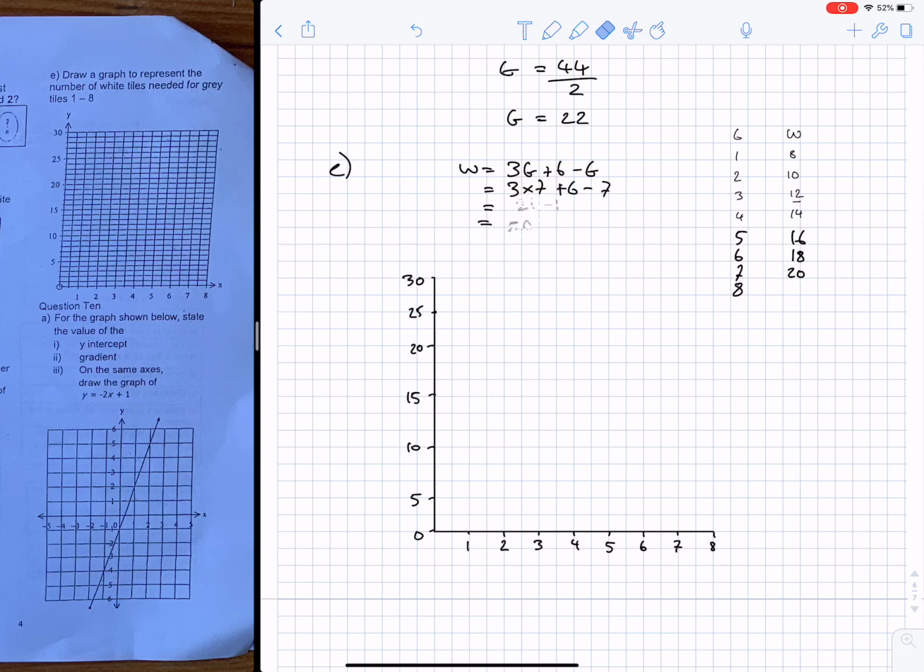And last but not least, if g equals 8, 3 times 8 plus 6 minus 8, so 24 minus 2, which equals 22.